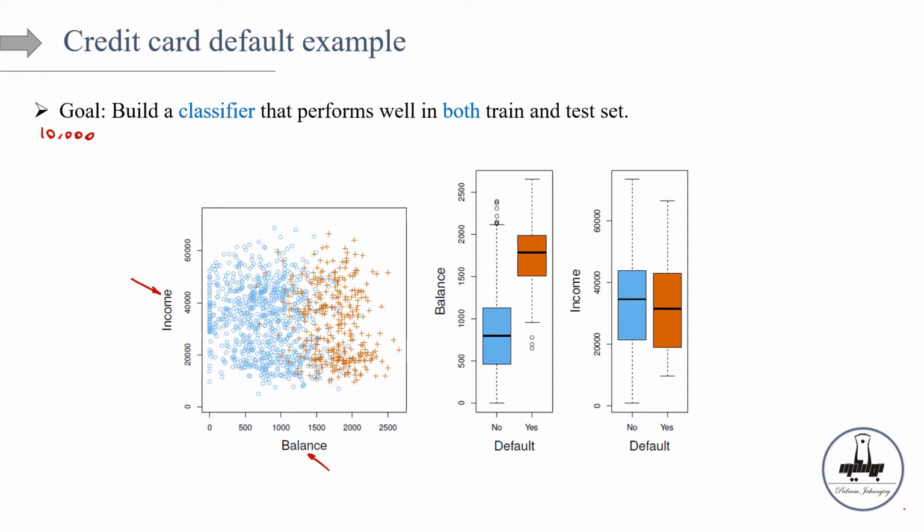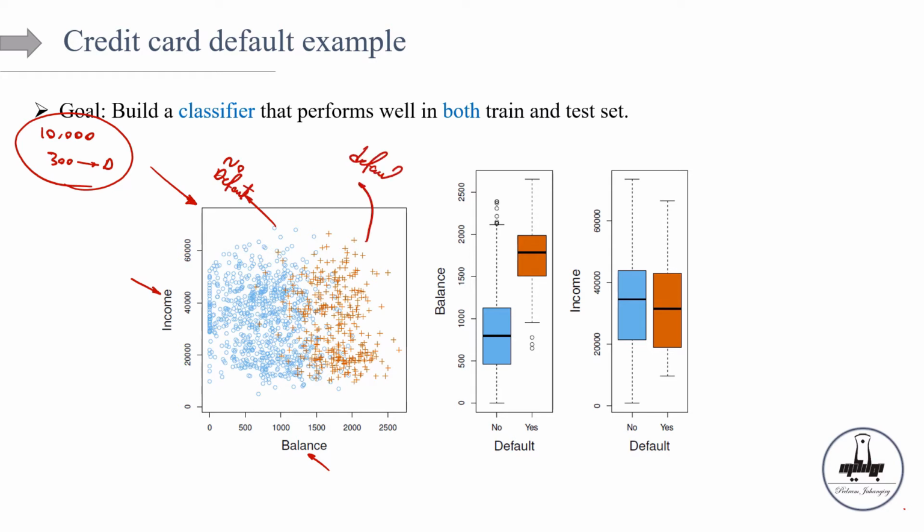Out of these 10,000 observations, only 300 of them default. So the data is very, very imbalanced. However, for representation purposes, we are going to look at the balanced version of the data. Let's say the blue ones are the no default, and the orange ones are the default ones, right?